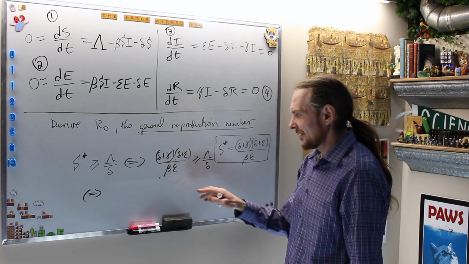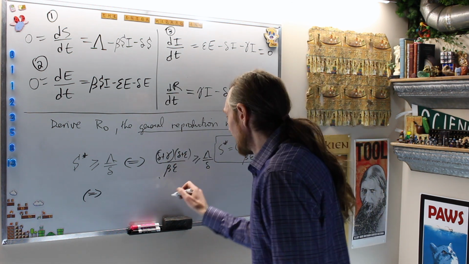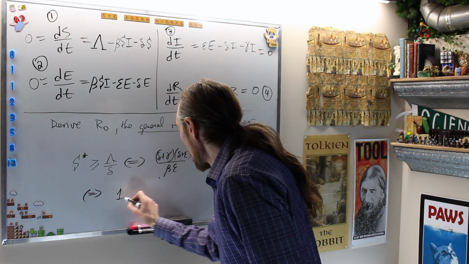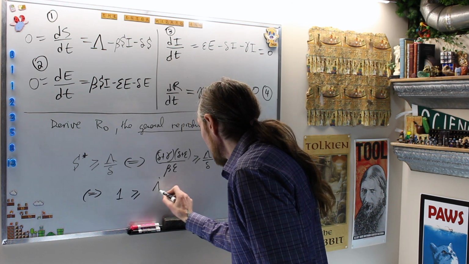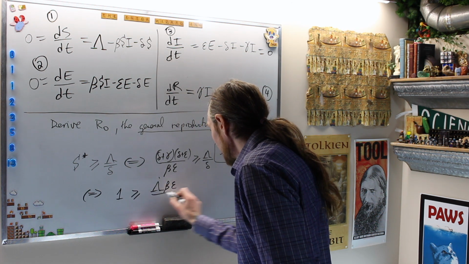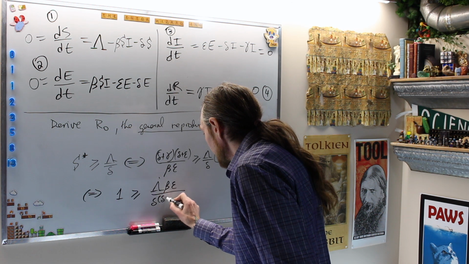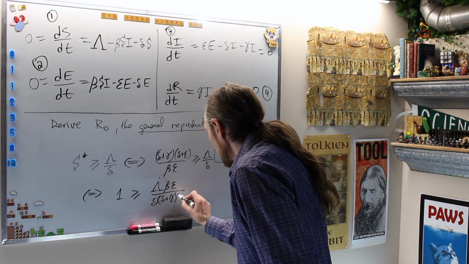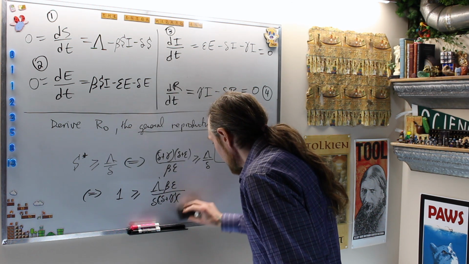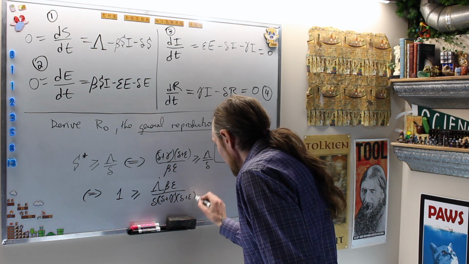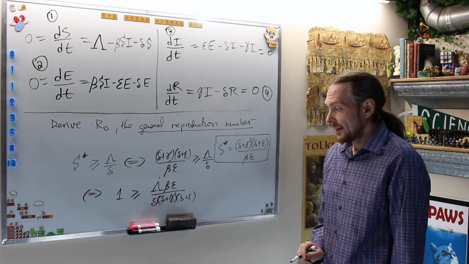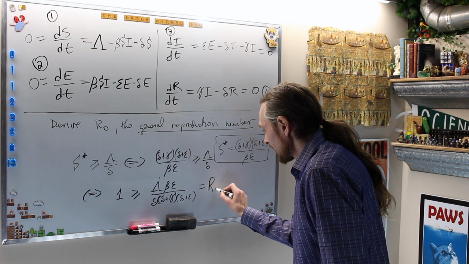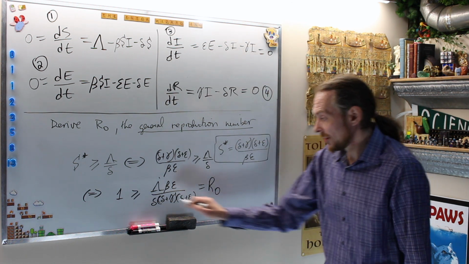These are all positive quantities also. So what do I get? I get 1 is less than or equal to lambda beta epsilon over delta, delta plus gamma, delta plus epsilon. And this is what we're going to call R0, the general reproduction number.